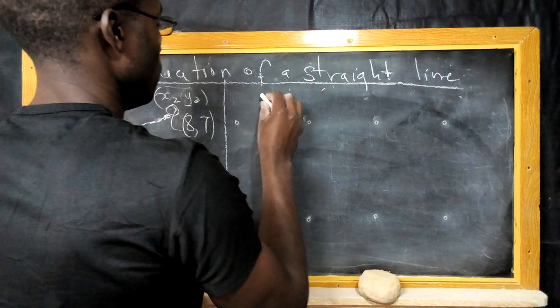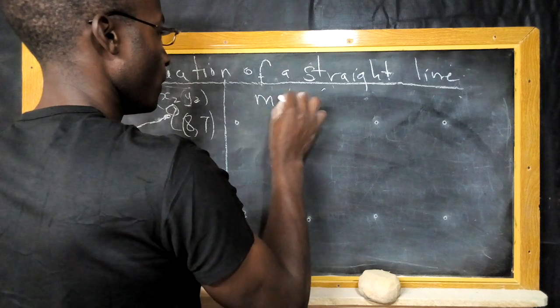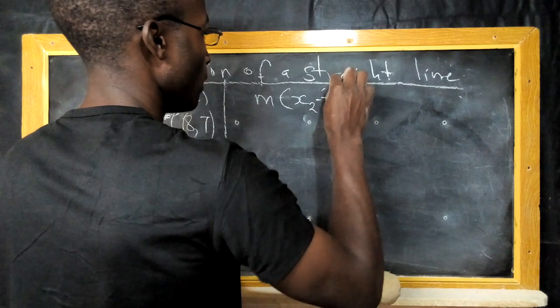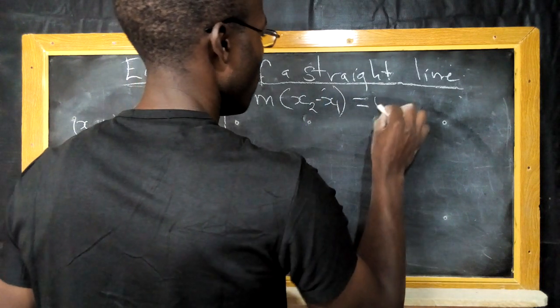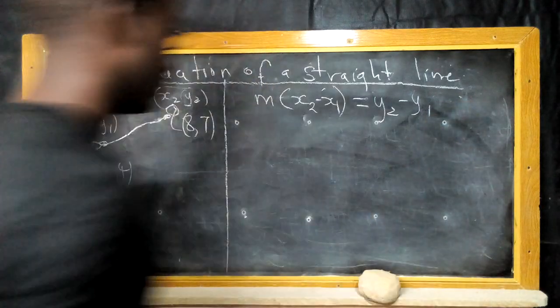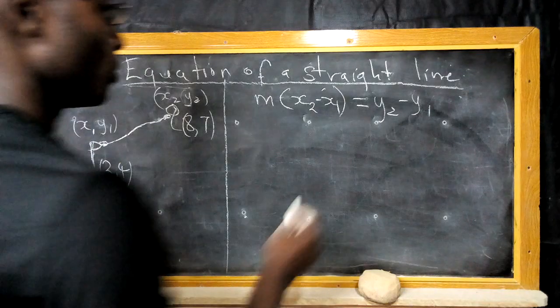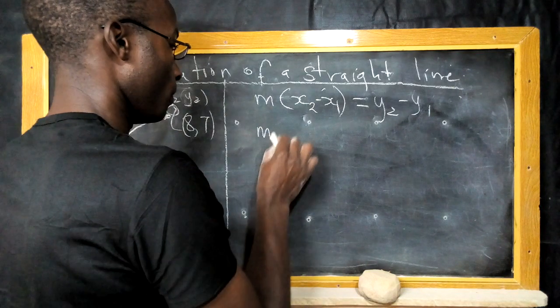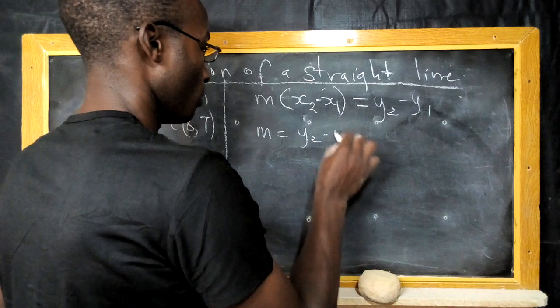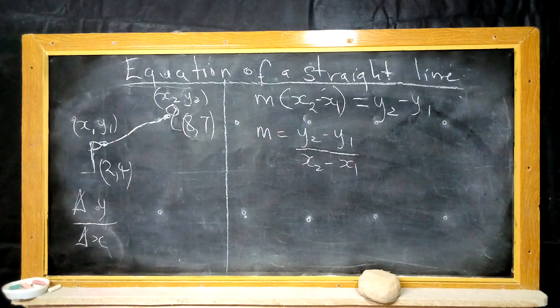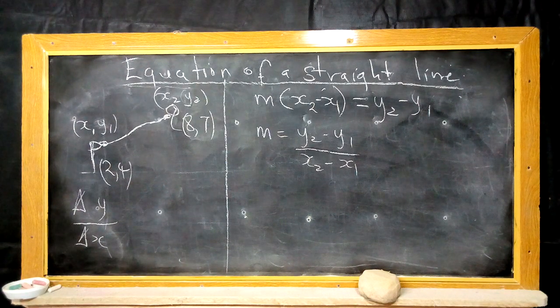So using this equation that we had, m times (x2 minus x1) is equal to y2 minus y1. We can use that expression to find the gradient. And this can be reduced to the form m is equal to (y2 minus y1) over (x2 minus x1), whereby m denotes the slope or the gradient of that particular line.